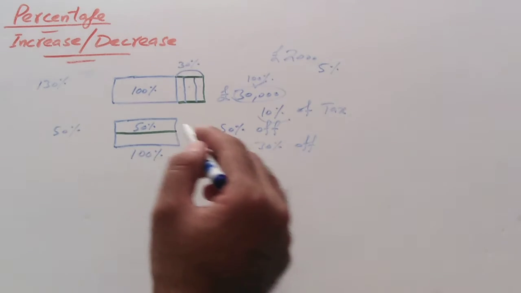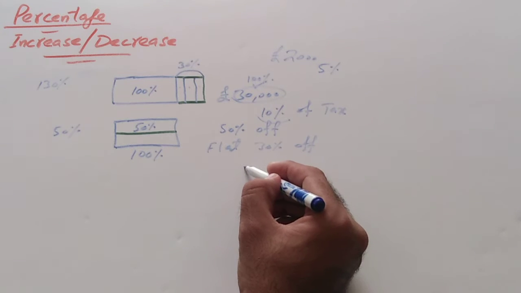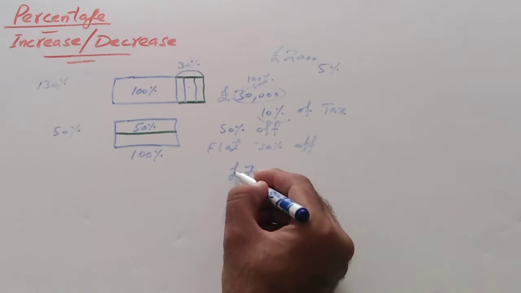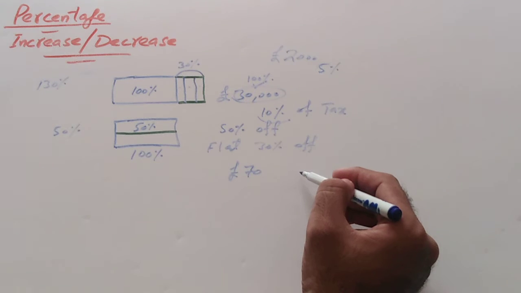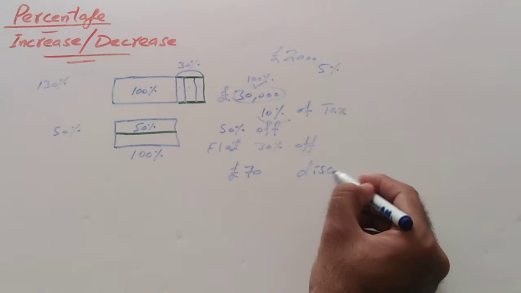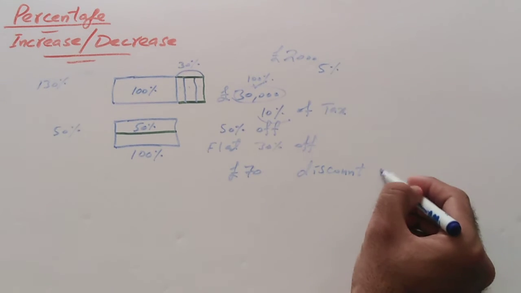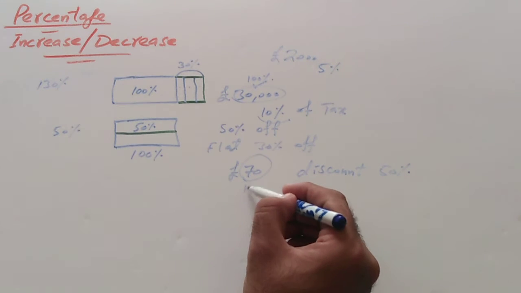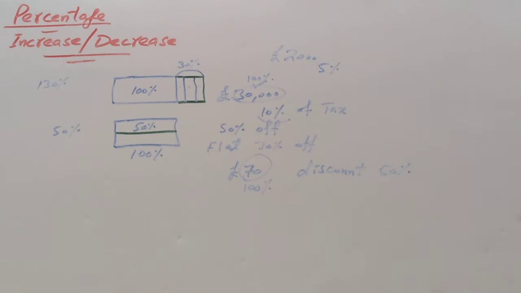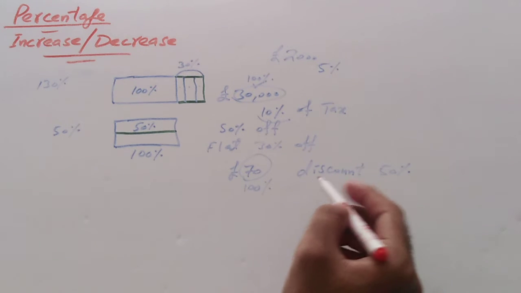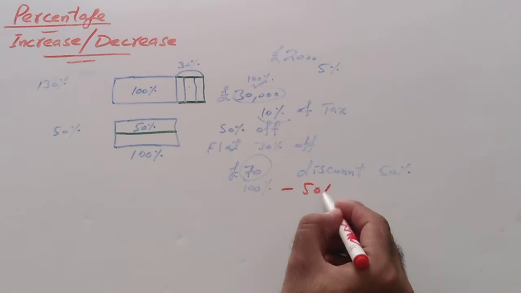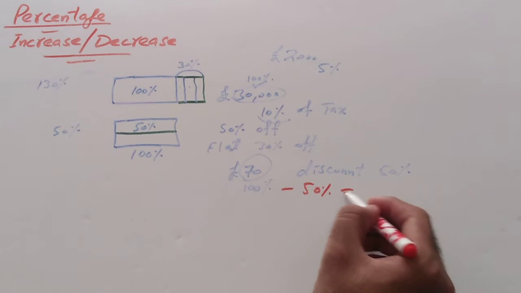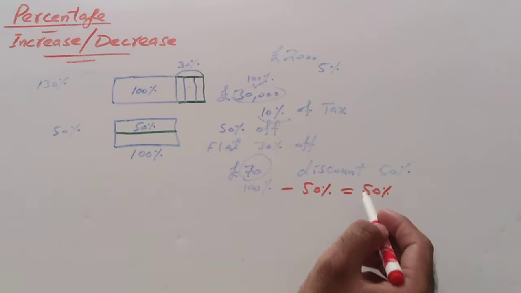So if the whole price of a shirt, for example, was 70 pounds, and this price also had a discount of 50%, it means this whole thing represents 100%. So you have to pay 50% less. So the whole thing will be just 50% actually. So you just have to pay 50%.